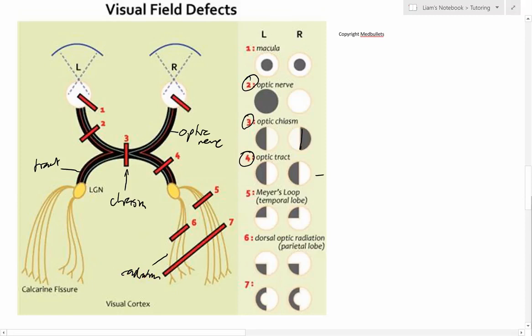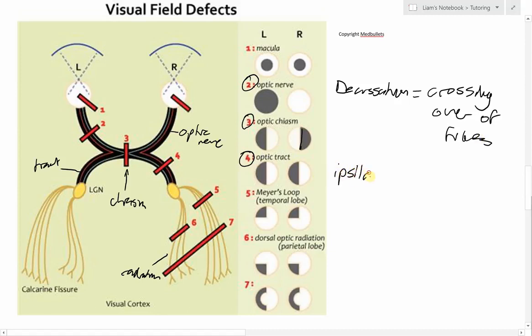Before we start on some of the clinical things, there are a few terms I'm going to be using in this video that I'd like to just quickly define. So decussate or decussation refers to the crossing over of fibers. And if I refer to an ipsilateral lesion or ipsilateral sign, that means on the same side.